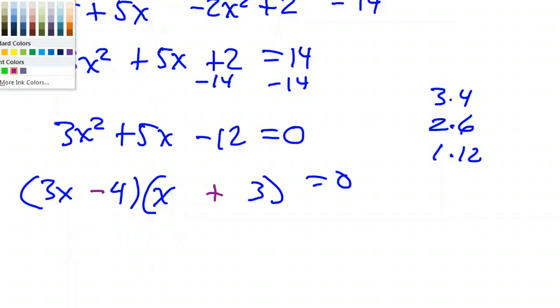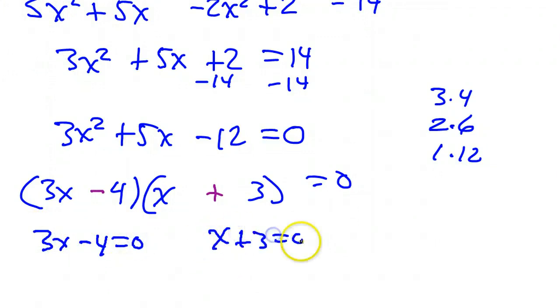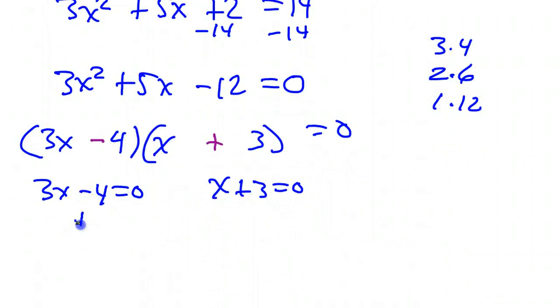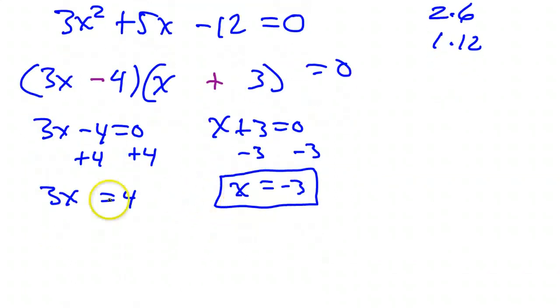So we can just go ahead and set these factors equal to 0. So if I have 3x minus 4 equals 0 and x plus 3 equals 0, then I would add 4 to both sides, subtract 3 from both sides. So that's going to give me 3x equals 4, and this will give me x equals negative 3. So that's one of my solutions right there, as long as it's not an excluded value.